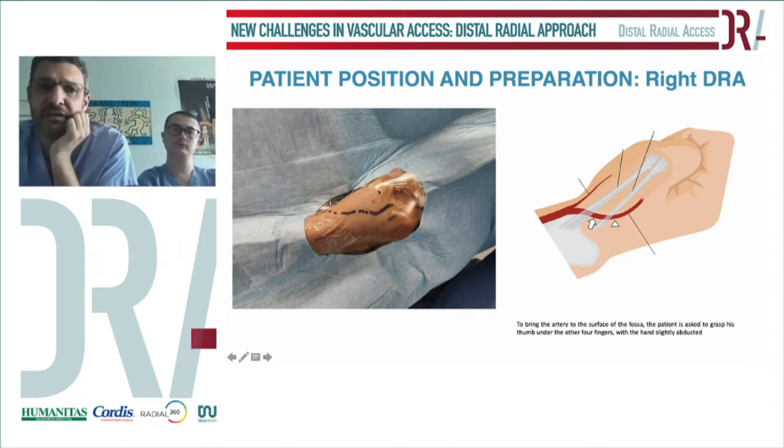It could be very, very useful at the beginning, because sometimes when the patient is prepared on the table, it's not so easy to find the same pulse that you found 5 minutes before.